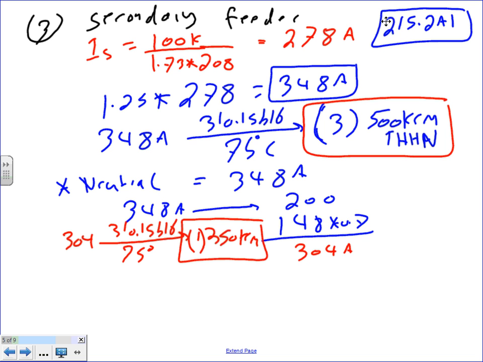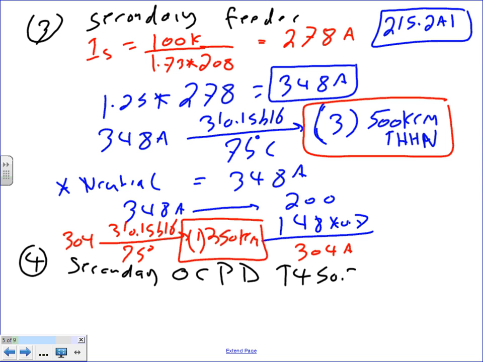The last thing I want to do, guys, is number 4, which is the secondary overcurrent protection device. This is from Table 450.3(B). It says take the 1.25, multiply the 1.25 by the 278.